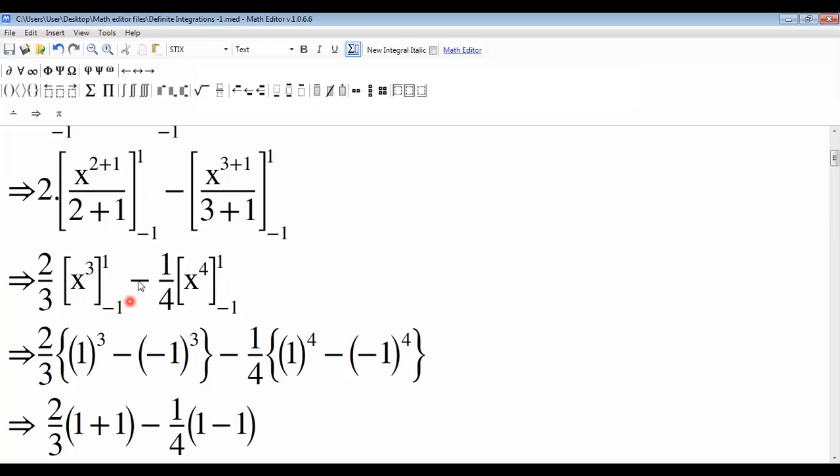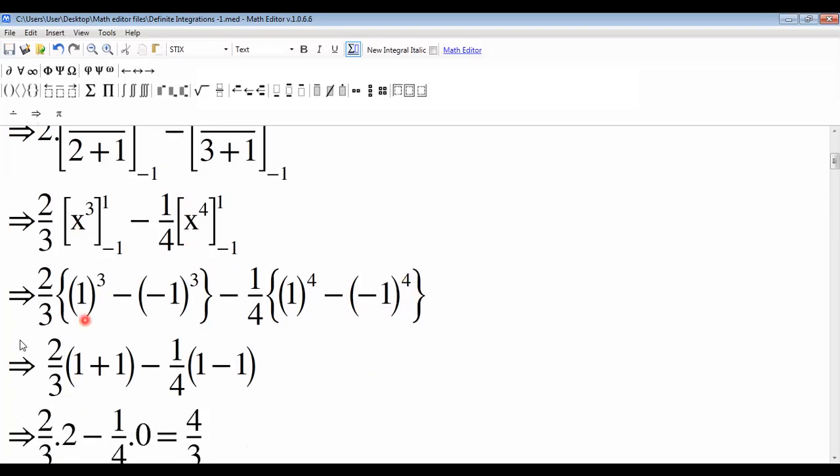For the other part, 1 by 4 in the second bracket, putting upper limit x equals 1 to the power 4 minus the lower limit x equals minus 1 to the power 4. So 1 cube means 1, and minus 1 cube means minus 1, because the power is odd, so the negative sign remains.